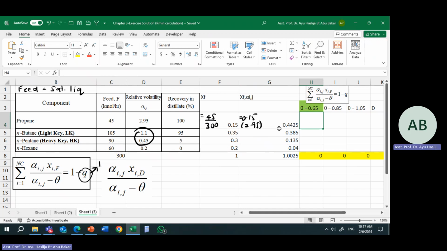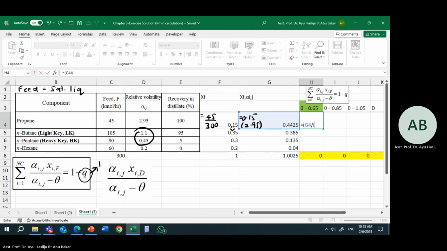Let's say over here I choose 0.65. The summation equation should be alpha multiplied by the xf, this value, divided by alpha minus theta value, 0.65.